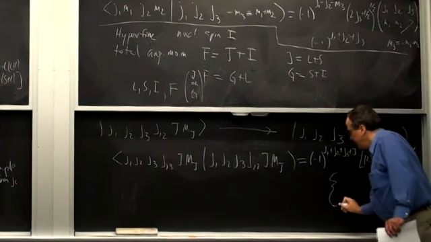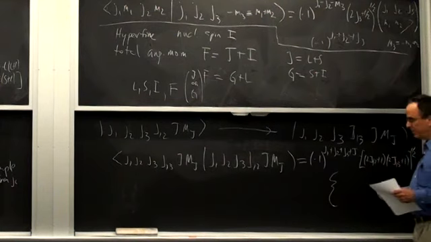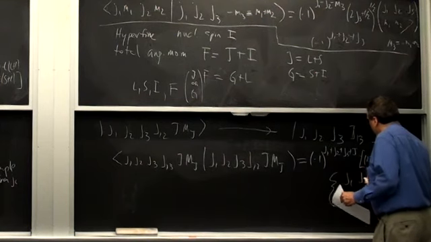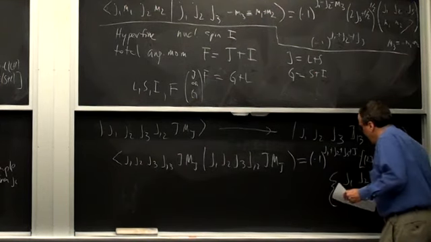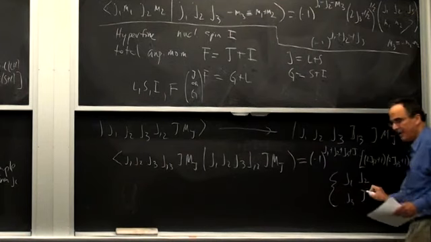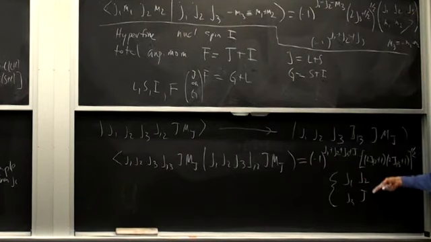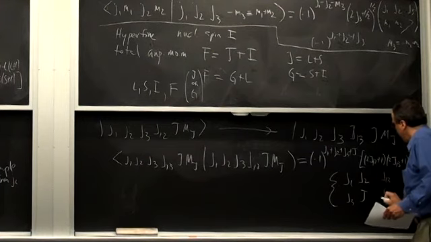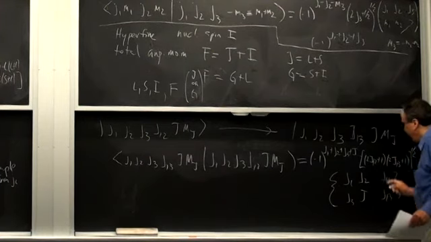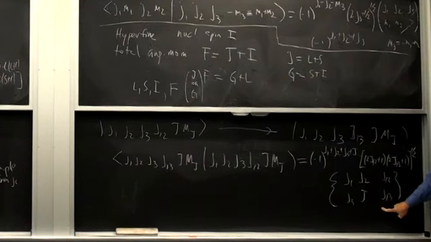And then we have the 6J, which is J1, J2, J3, J, the 4 things that are being preserved, J12, J13, the 2 things that are being switched.